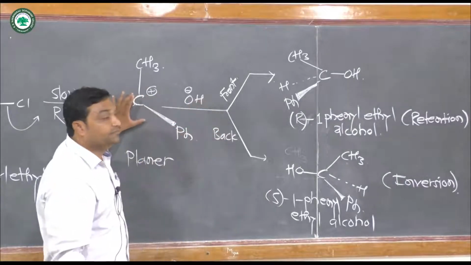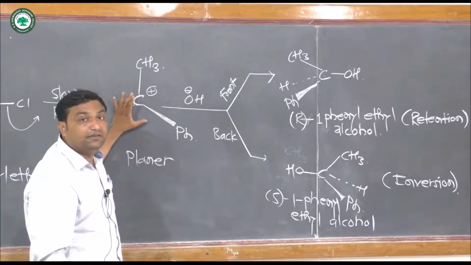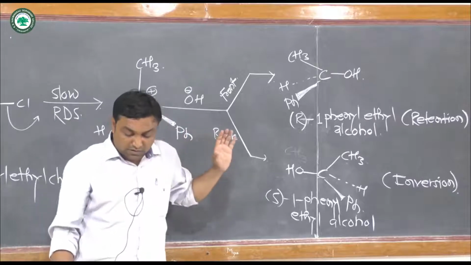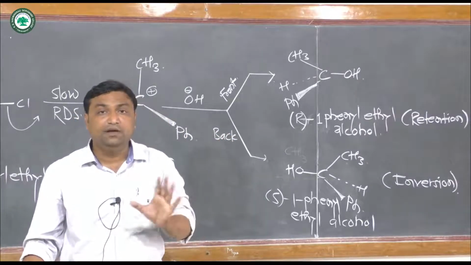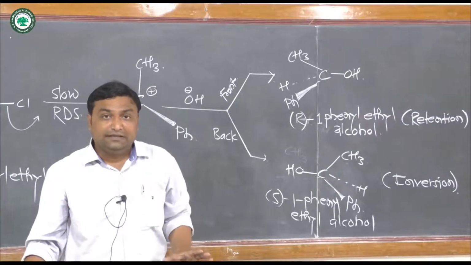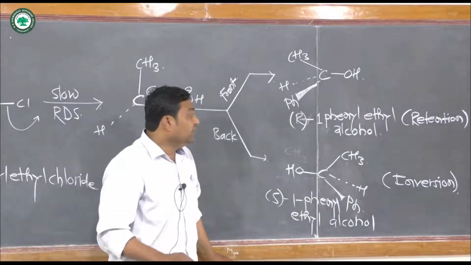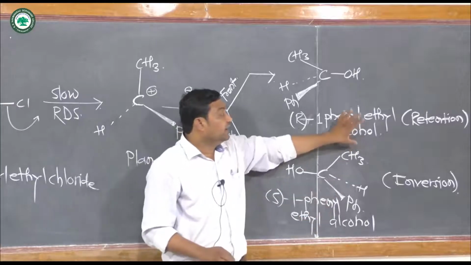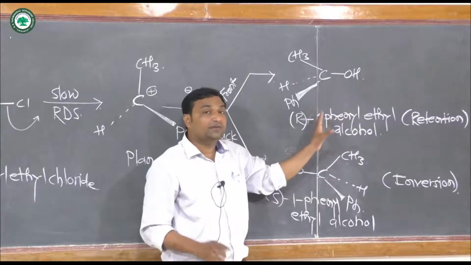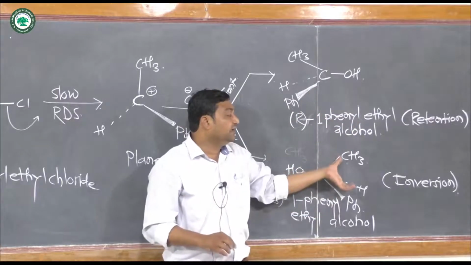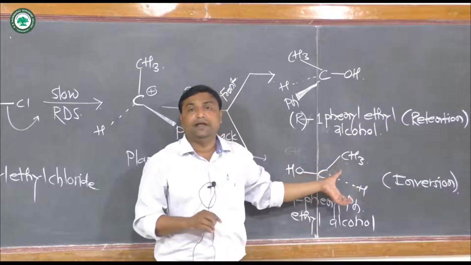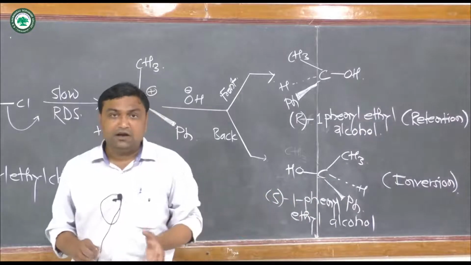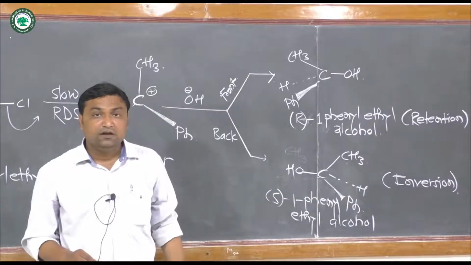Now, in the case of the SN1 reaction, no 100% racemization will be obtained. That's why we know that in the SN1 reaction, inversion of configuration is always obtained as the major configuration.